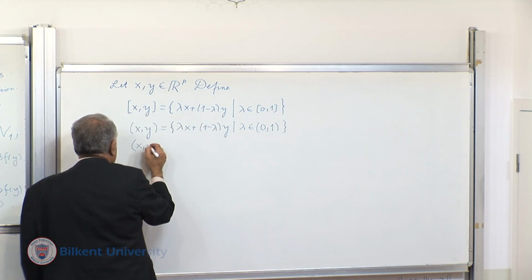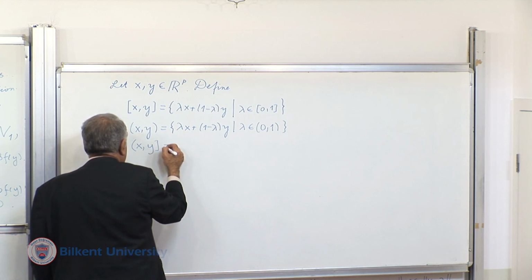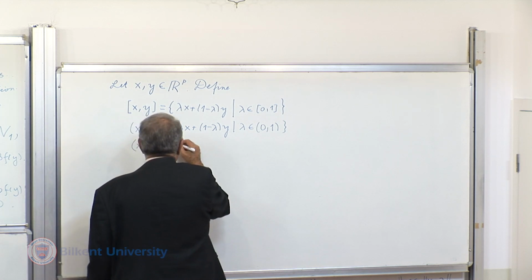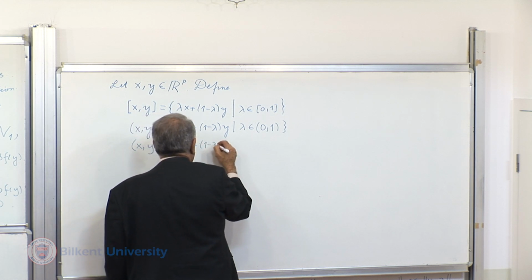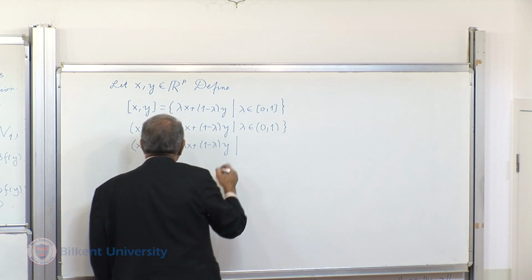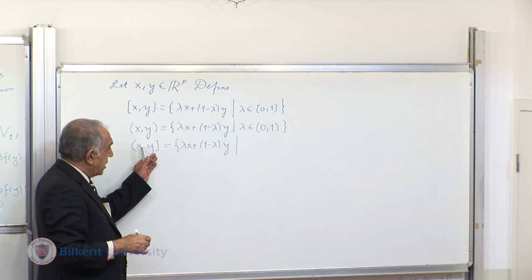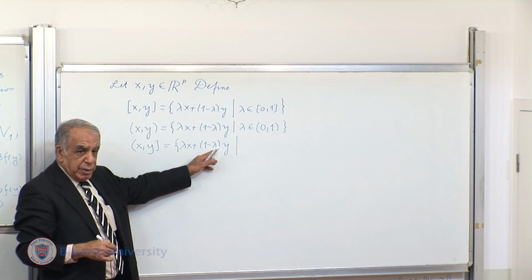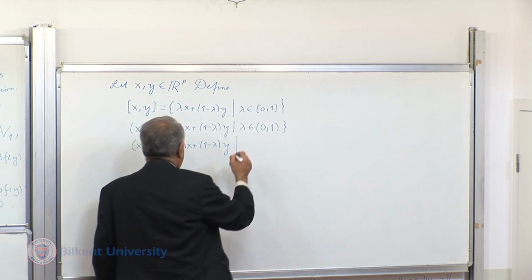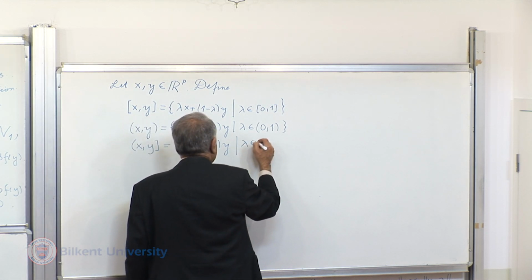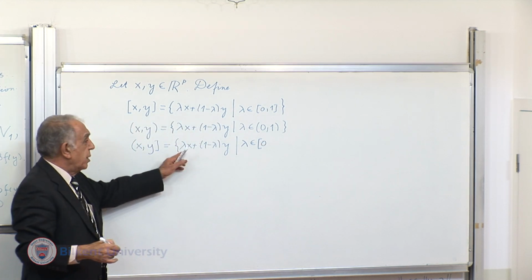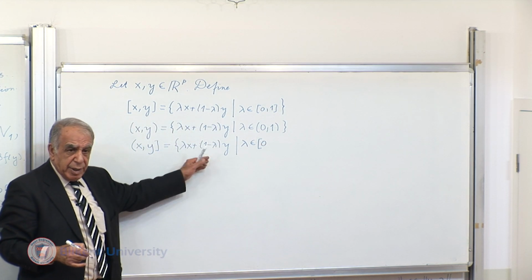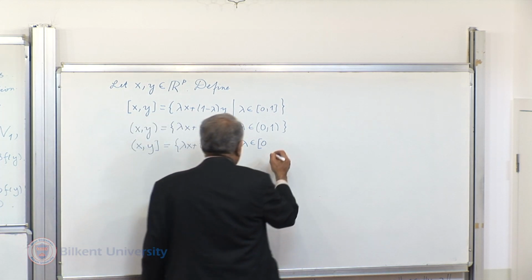Then the interval (x, y) is the set of lambda x plus 1 minus lambda y. Now we want this to include x, thus lambda equal to 0. That should be in here, but we wish to exclude y, so lambda equals 1, this becomes y, that should be out.